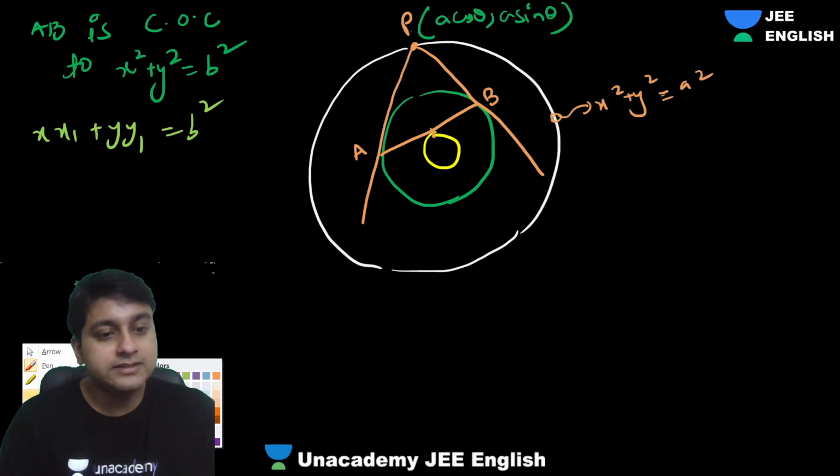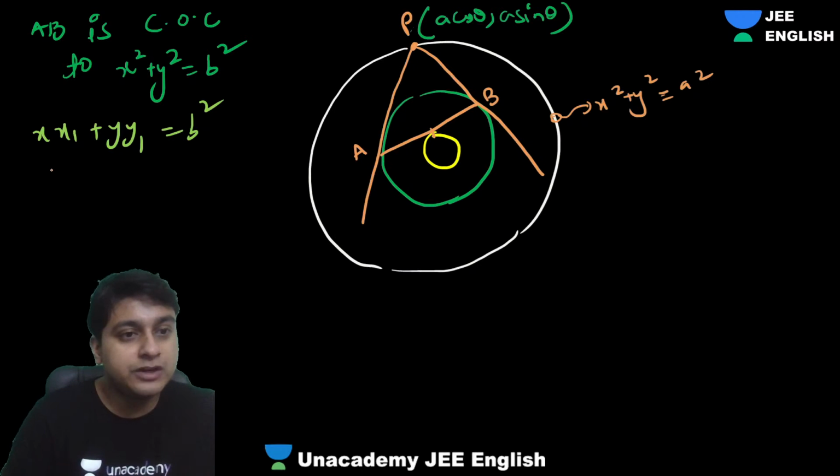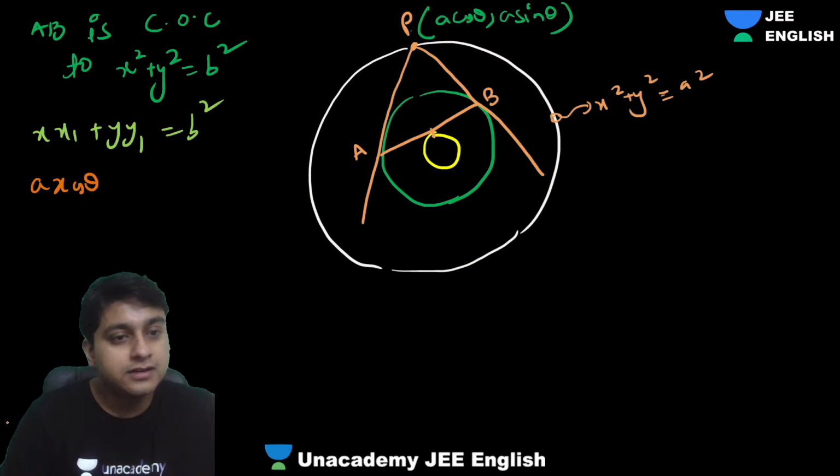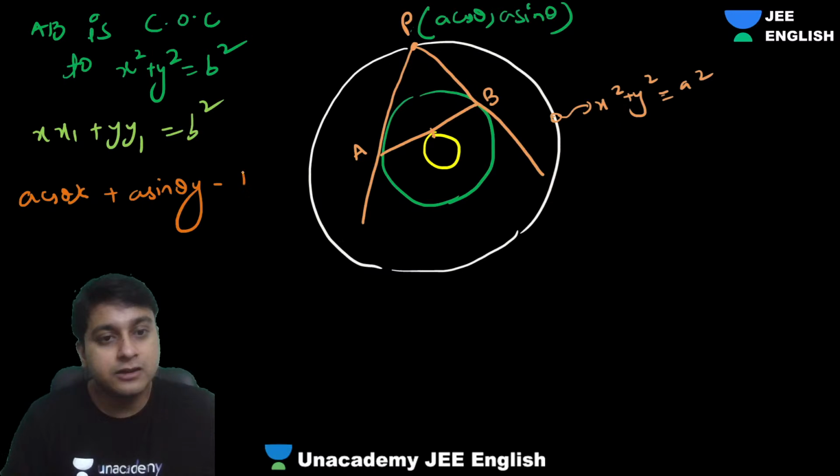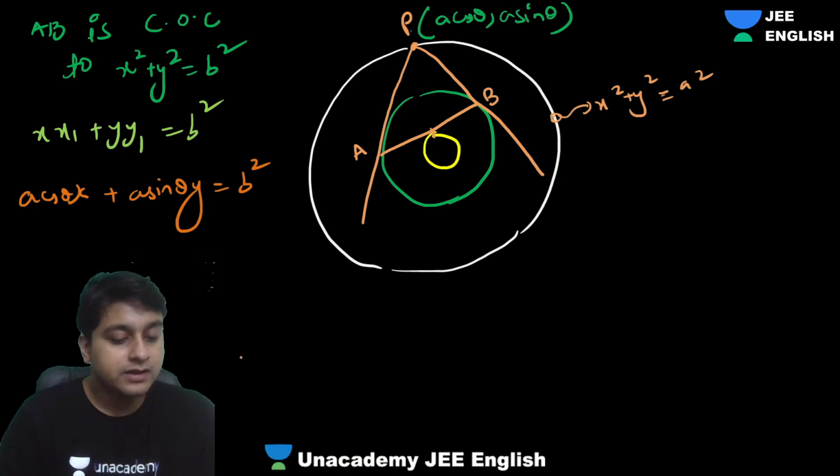Can I say that the equation of the chord of contact AB will be a cos theta x, plus a sin theta y, equals b square? Great.